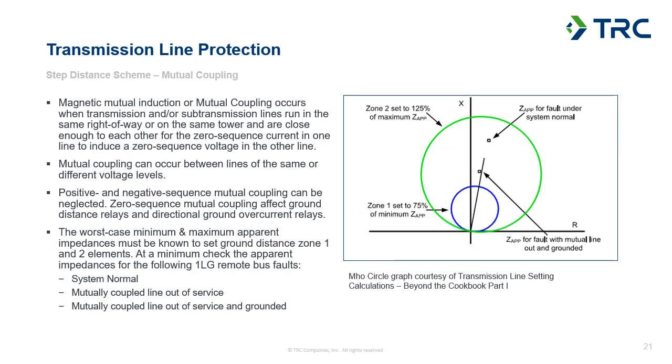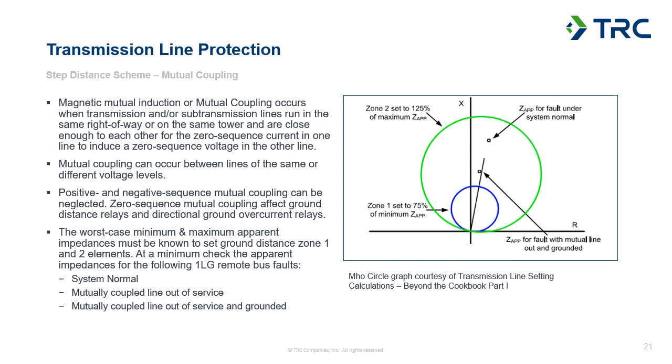So the next thing we'll take a look at is mutual coupling. As I mentioned a couple slides ago, mutual coupling happens when you've got transmission or subtransmission lines running in the same right of way or sharing the same tower, and they're close enough for the zero sequence current on one line to induce a zero sequence voltage on the other line.